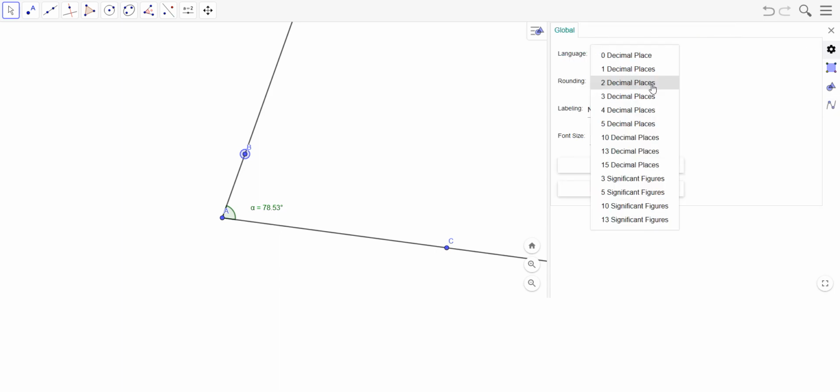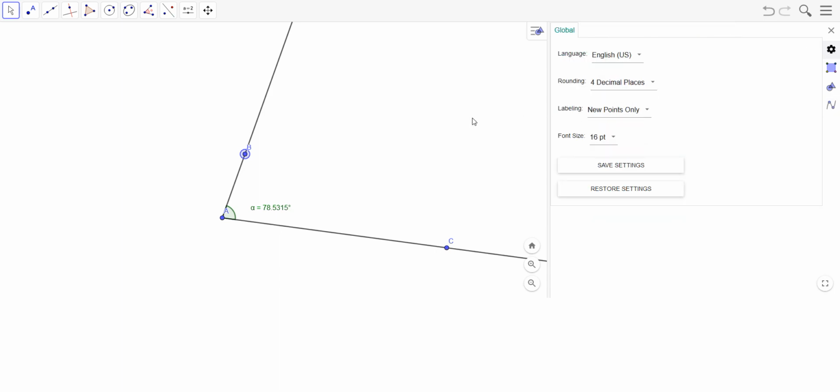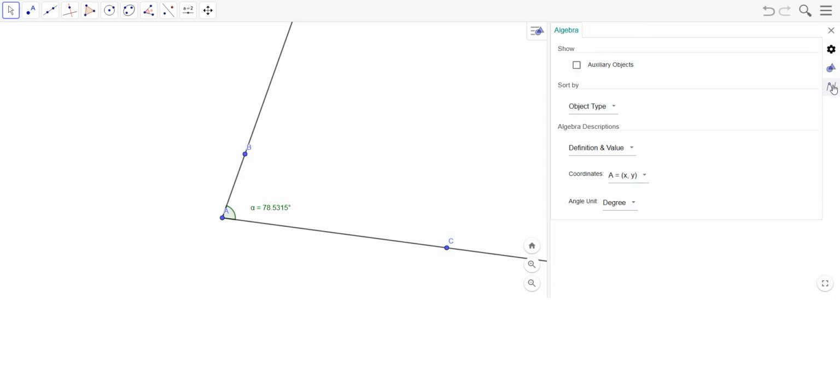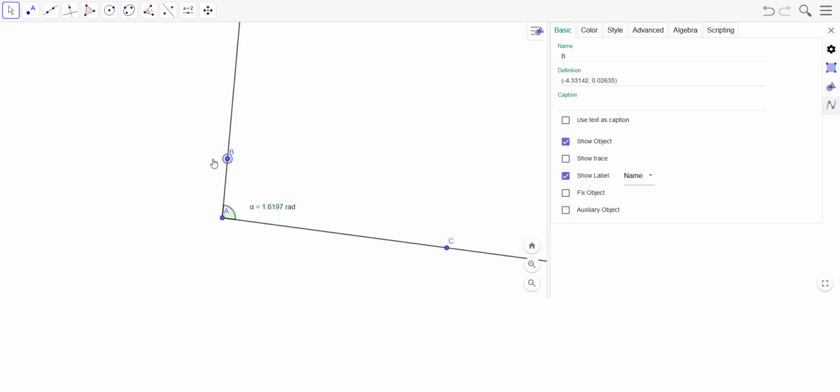I think it was here. We want to show a few more places. We can. We can choose degrees, minutes, and seconds. There it is. And we can also choose radians. So in my class, I'm going to rather use radians at least most of the time.